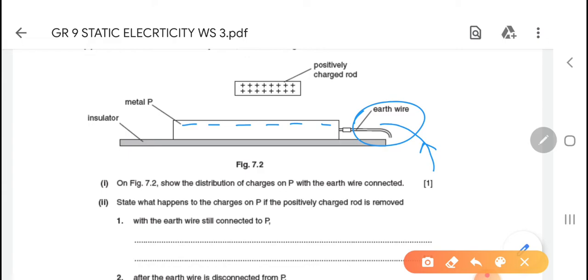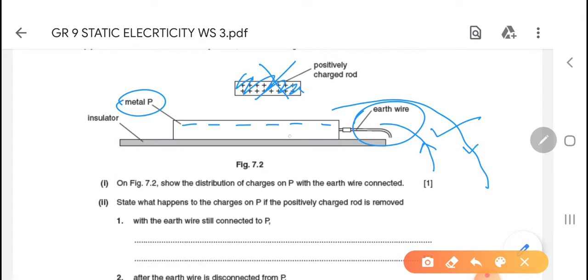State what happens to the charges on P if the positively charged rod is removed with the earth wire still connected to P. So if you keep the wire connected and remove the positive charge rod, then these electrons don't have any reason to stay at the top part of the metal plate P, so the electrons will move back to earth.